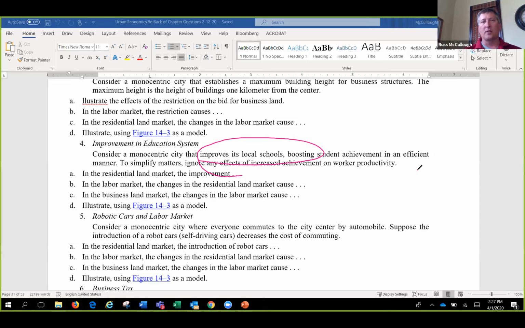Okay, so the residential land market, the improvement's going to lead to an increase in the residential bid rent function. I'm just going to use some shorthand notation. I've been using BR for bid rent residential. So that's going to be a shift outward of the residential bid rent function.